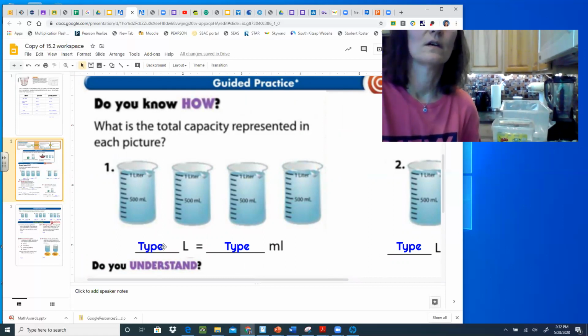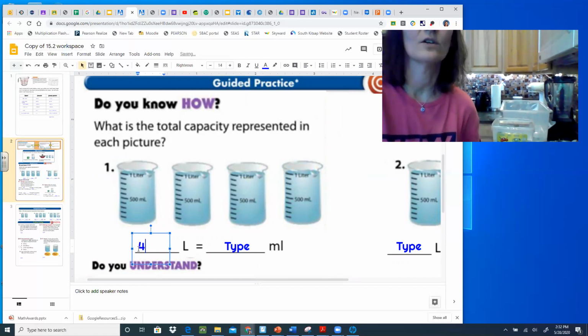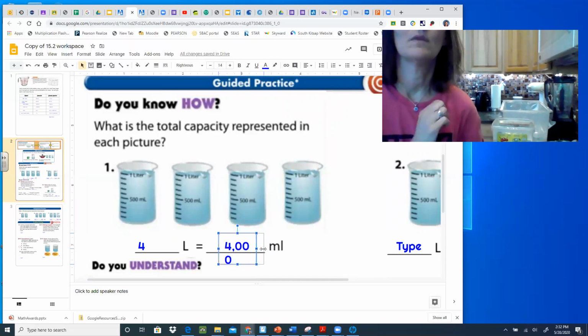So it is 4 liters. Now I want to do times 1,000 to figure out the milliliters. So that's going to be 4,000, and I need to stretch that, I didn't make it big enough, milliliters.